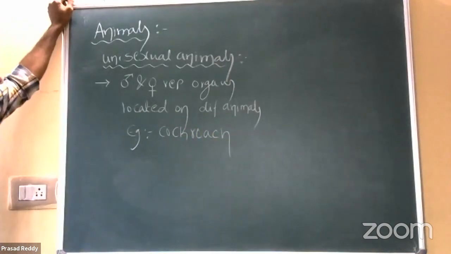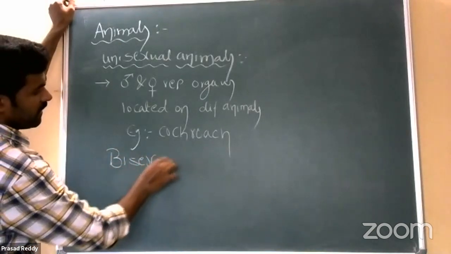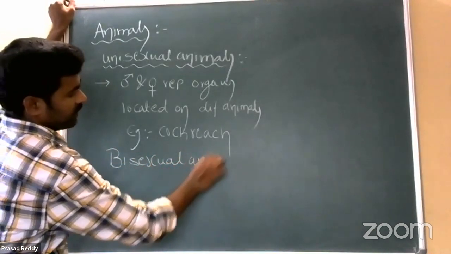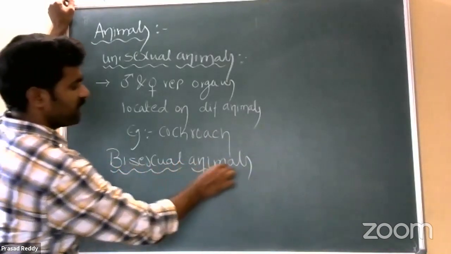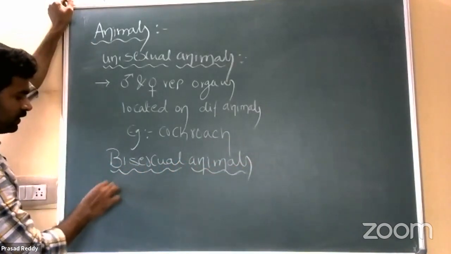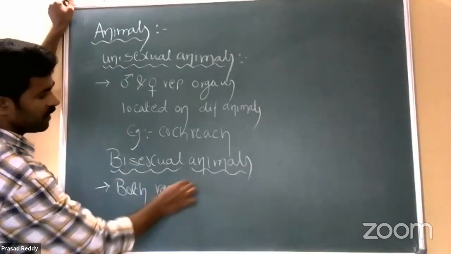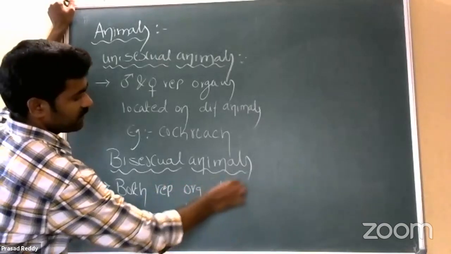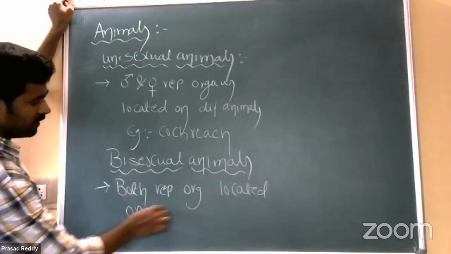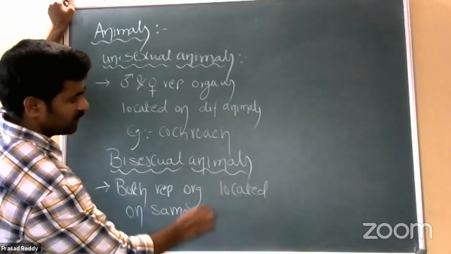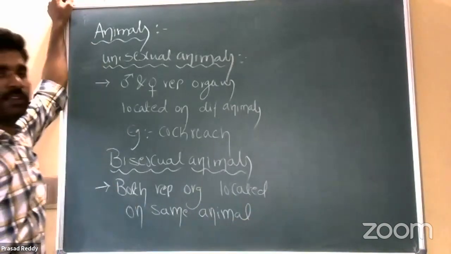Now come to bisexual animals. What about bisexual animals? If both male and female reproductive organs are located on the same animal, it is called a bisexual animal.